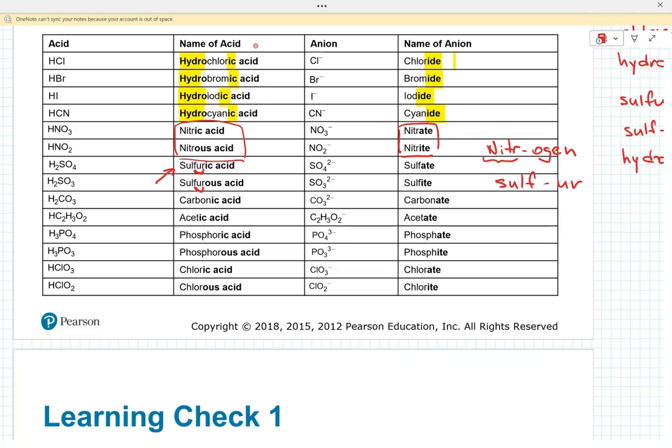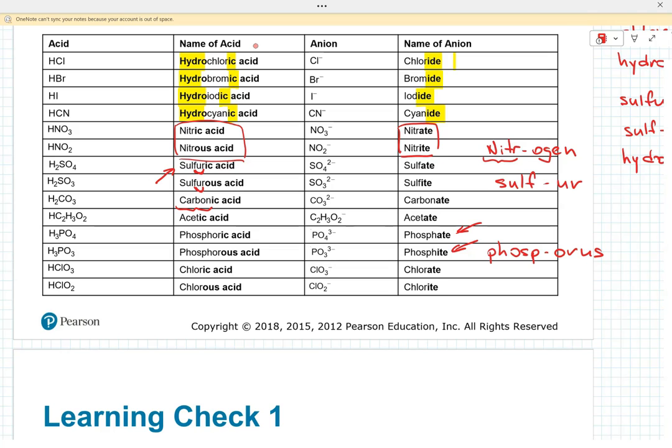Sounds good? Same idea with carbon. Okay? Well, we don't have hydrocarbonic acid, so that's a different story. You're not using only the first syllable. You have to use both of them. And very similar to sulfur are phosphates. So phosphorus, right? Phosphorus gives you phosphate and phosphite.